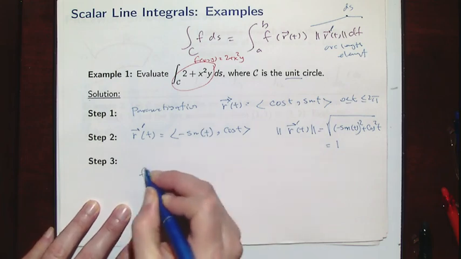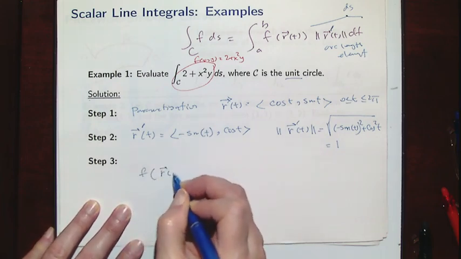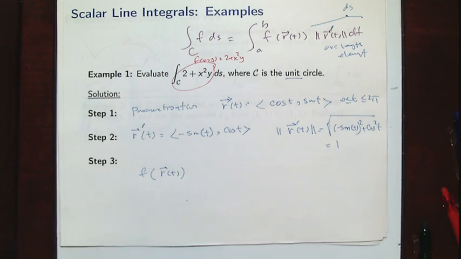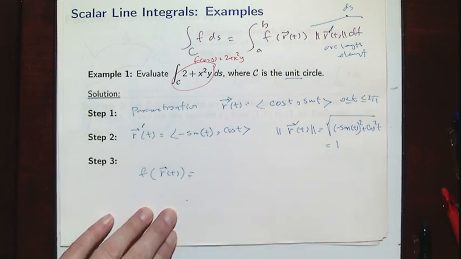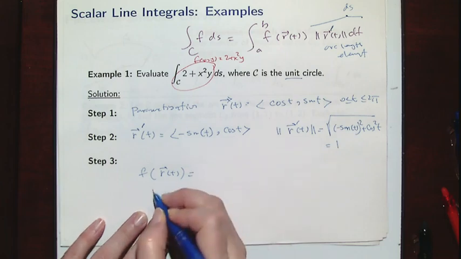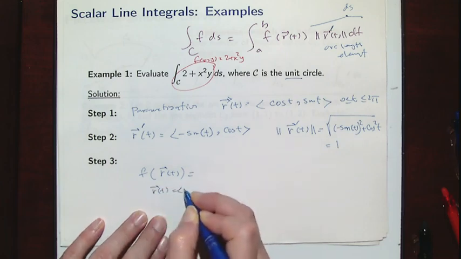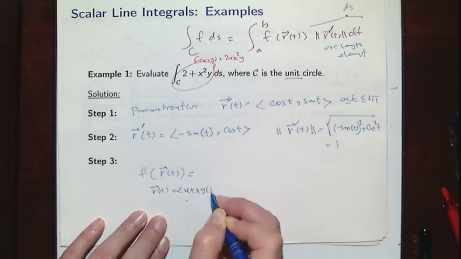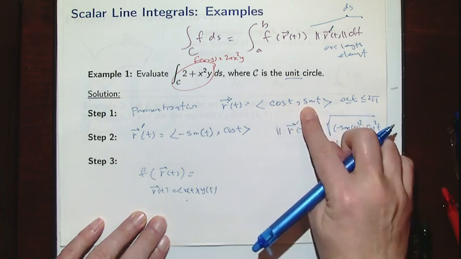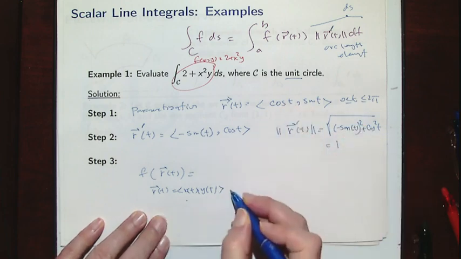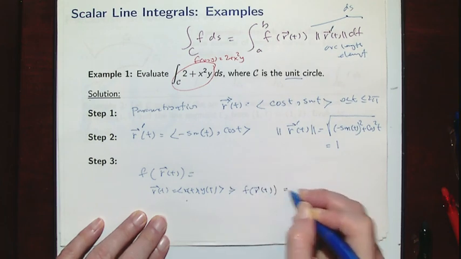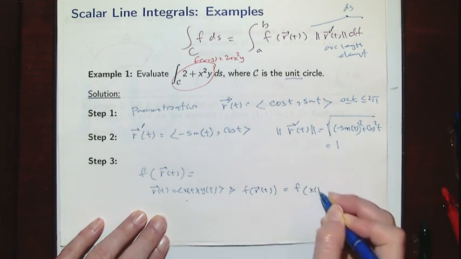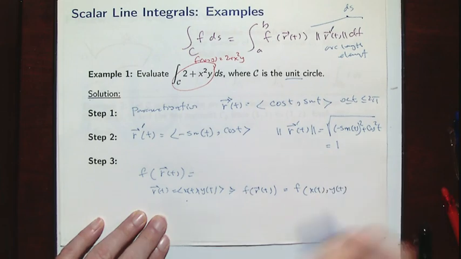What is f of R of t? My friends, how do I compute f of R of t? It means if R of t is x of t and y of t, cosine of t and sine of t, f of R of t means f of x of t and y of t.